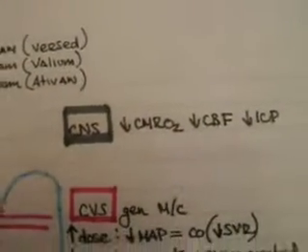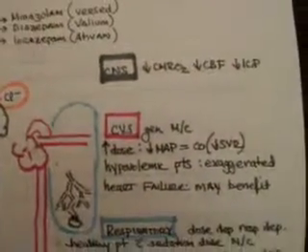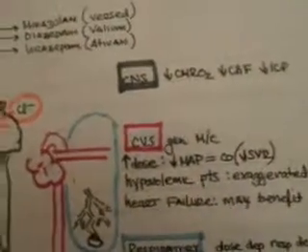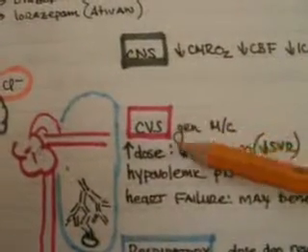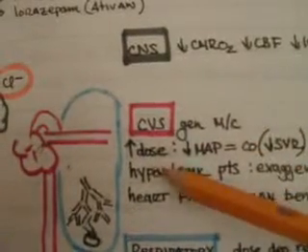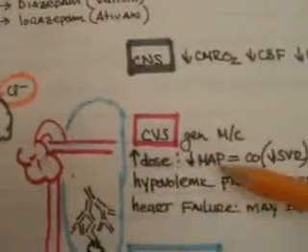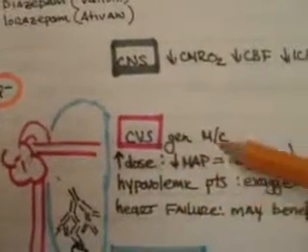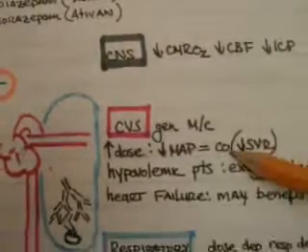Other pharmacodynamic effects of benzodiazepines would be on the cardiovascular system. Generally speaking, benzodiazepines have minimal change on the hemodynamics. But if you were to give a large dose or an induction dose of benzodiazepines, this may decrease your mean arterial pressure, mainly because of a decreased systemic vascular resistance.